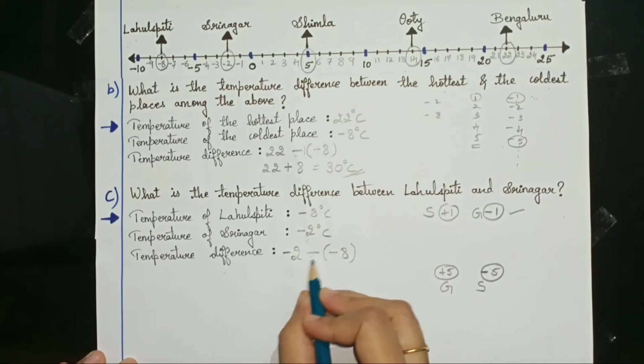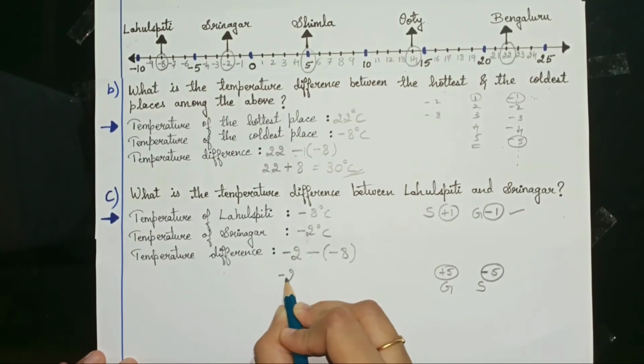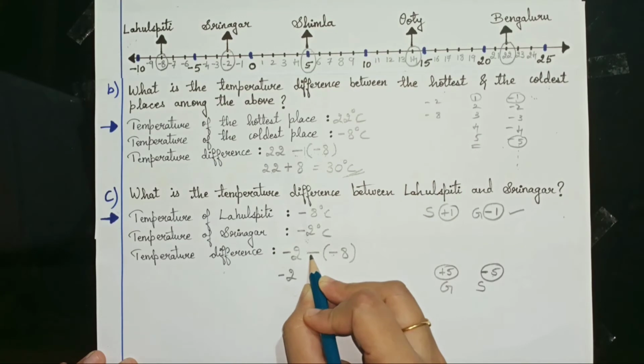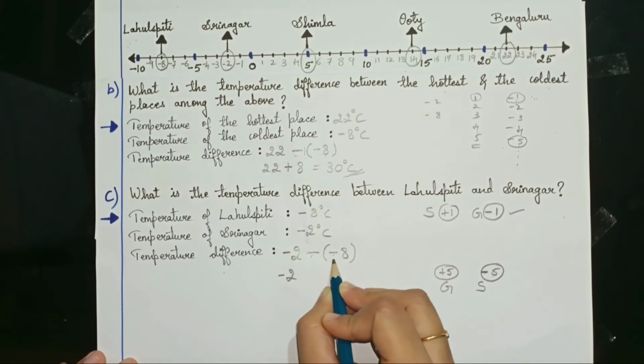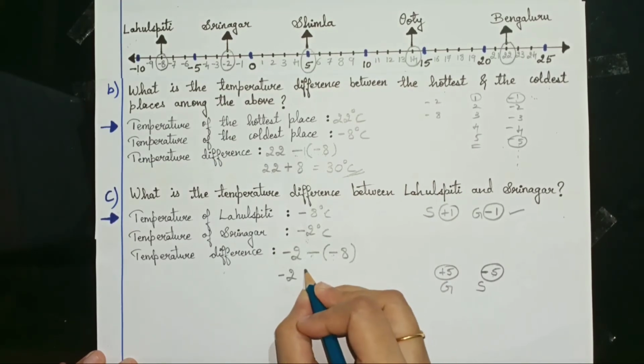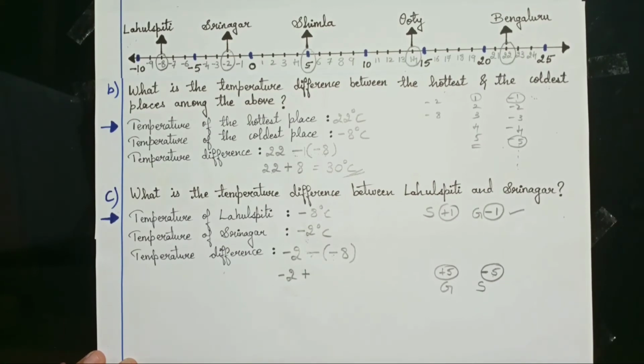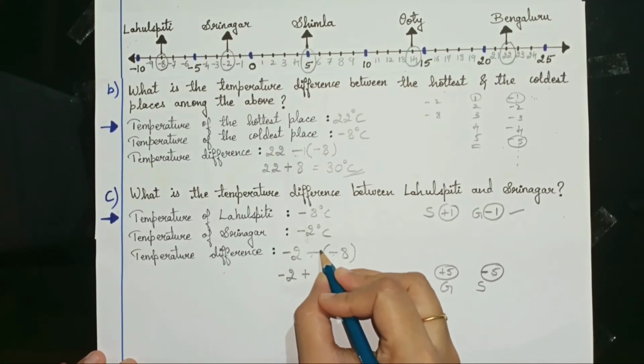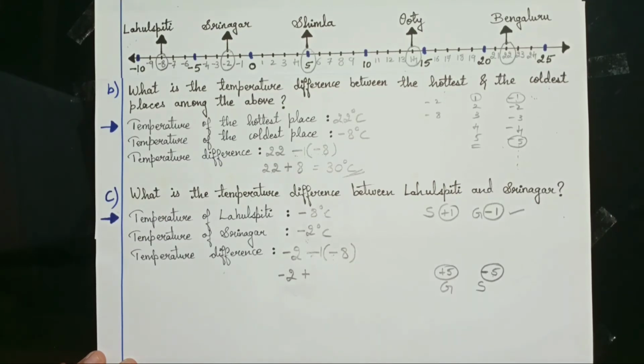Now -2 I'll write as it is. Let us solve the bracket first. Inside the bracket it is minus, outside the bracket also it is minus. Since both the signs are the same, in the answer you have to write a positive sign. Outside the bracket there is no number, so let us assume the number to be 1.